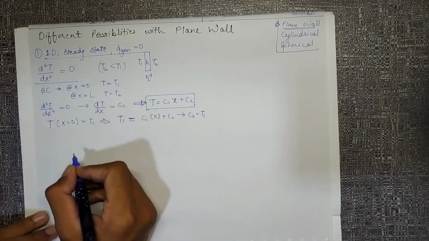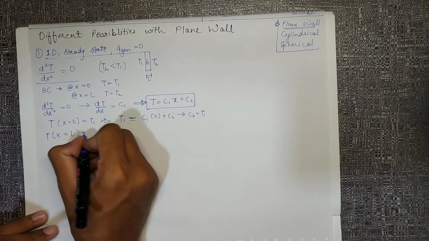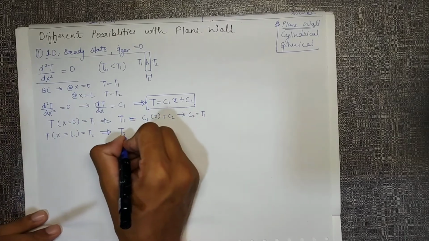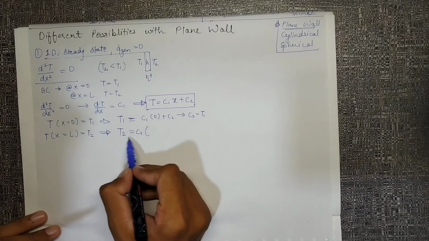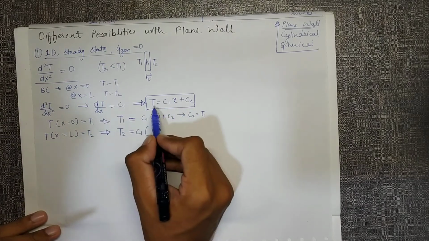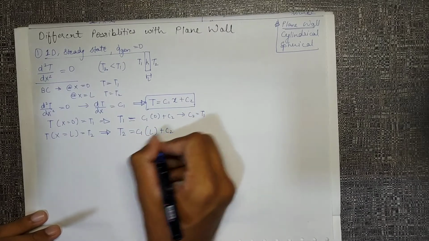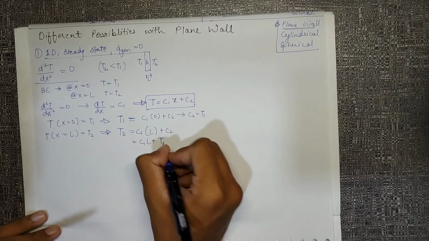Now we'll use the second boundary condition, that means T at x equal to L is equal to T2. This means T2 is equal to c1 into L plus c2, and c2 is already known as T1.